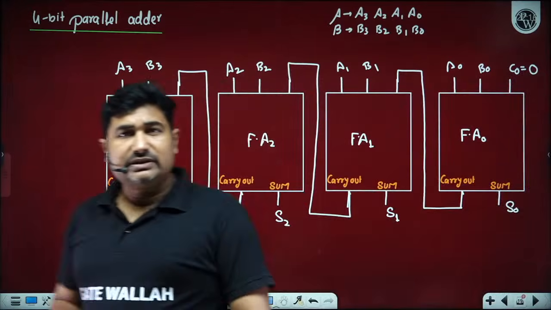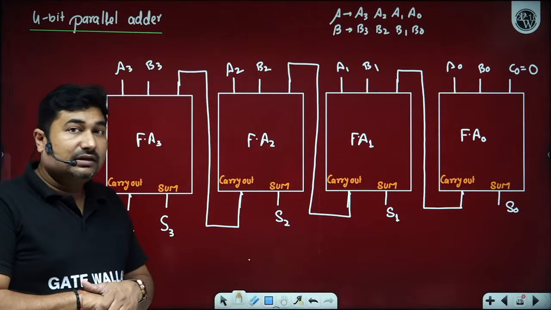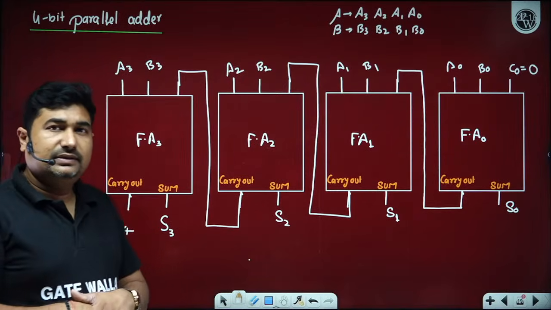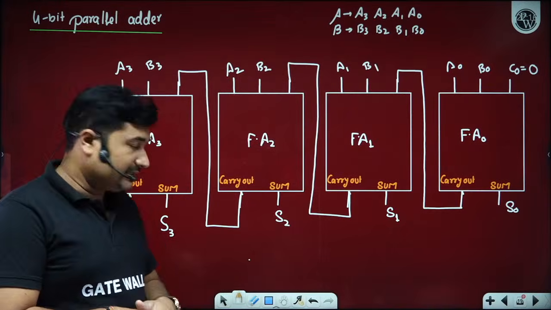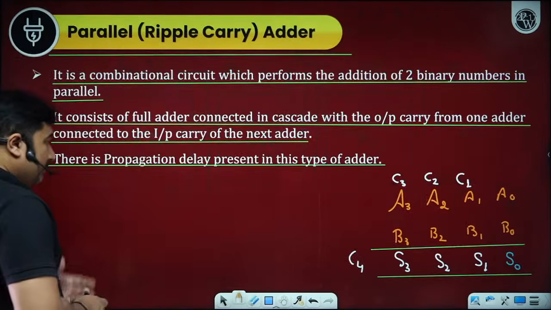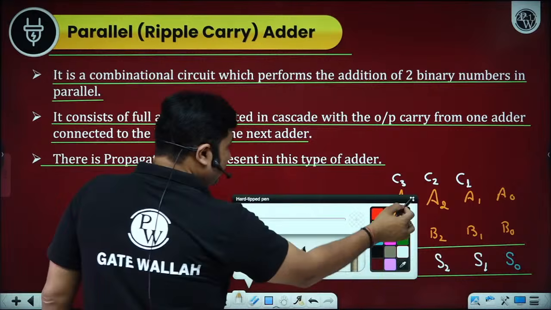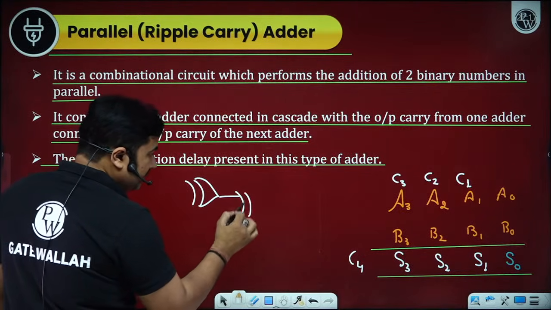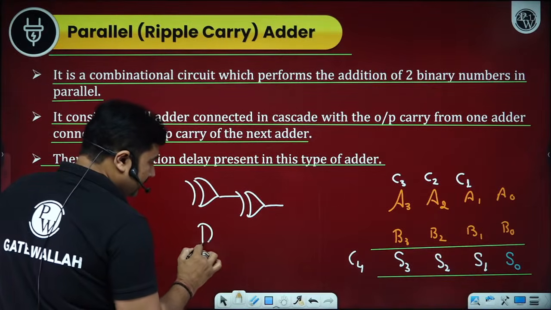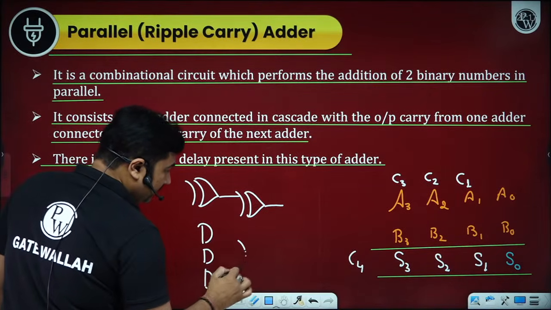All of you are aware of the internal circuitry of the full adder? Yes sir, we remember. If you remember, a full adder has A XOR B, and AB, BC, CA passed through one OR gate.